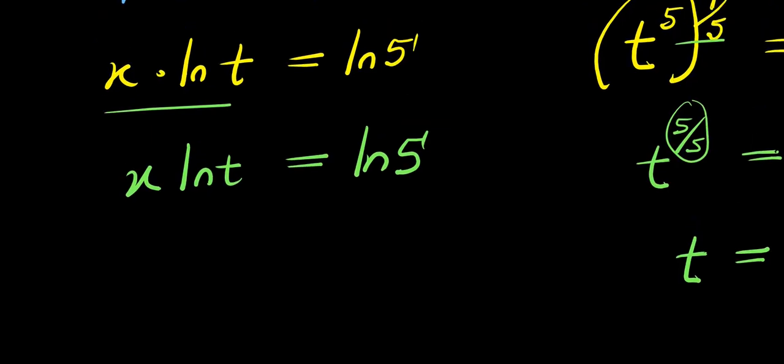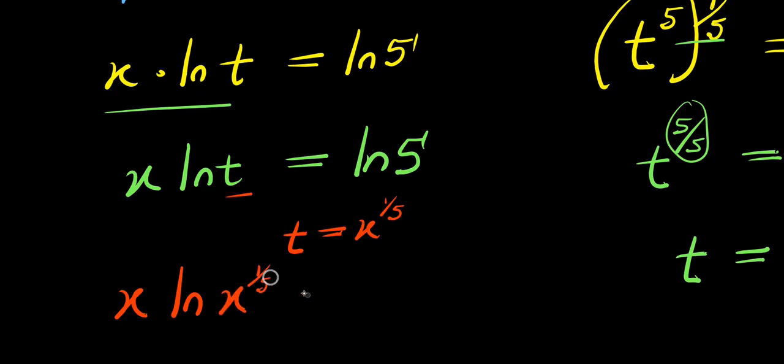I come over here. I have x times ln, instead of writing t equals x power 1 over 5, I'll write it here: x power 1 over 5 equals ln 5.